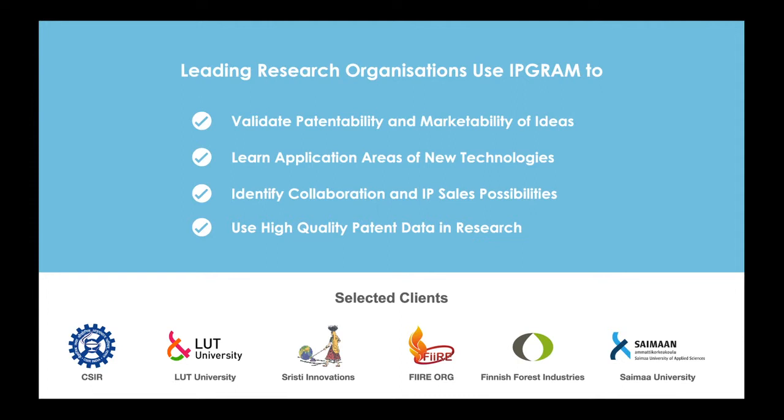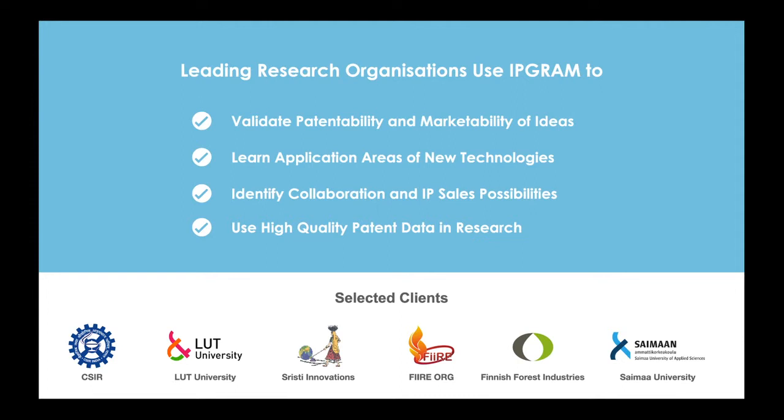Innovation starts much before a patent is actually filed. So at all times, it helps to do a patent search, identify your commercialization options, identify the markets and selling features and so on. You can also find out in IPGRAM what can be the new application areas of your technologies. When you conduct a tech landscape, we segment it.